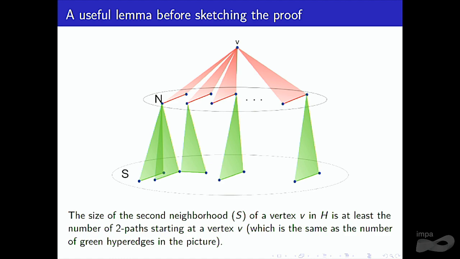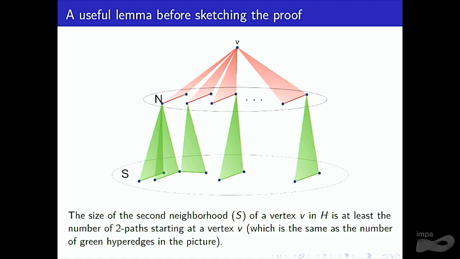And we prove that the size of S is at least as big as the number of 2-paths starting from V, which is actually the same as the number of hyperedges here, which is essentially the number of edges in the shadow created by these green hyperedges.